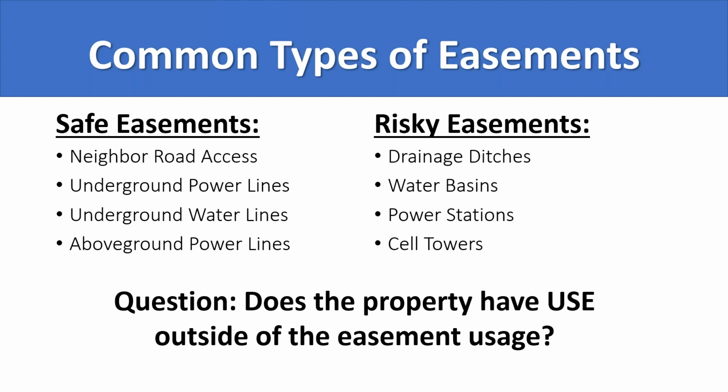With the safe easements, those aren't things we're going to look into. If we're looking at a single family home, we're not going to look into whether there's some sort of easement for a power line going through it. But if the property looks suspicious, if it looks like a drainage ditch, water basin, power station, energy station, or cell tower, we'll look into it.